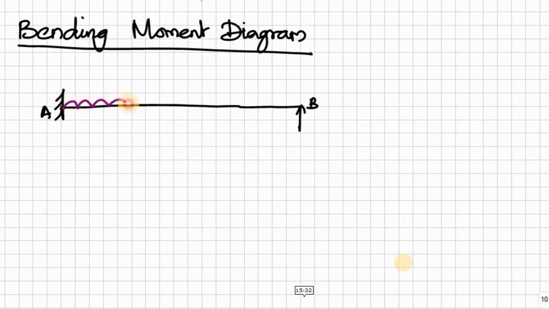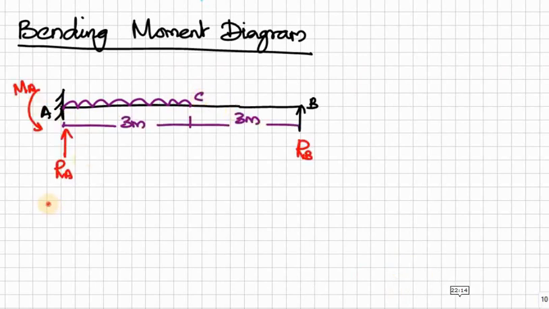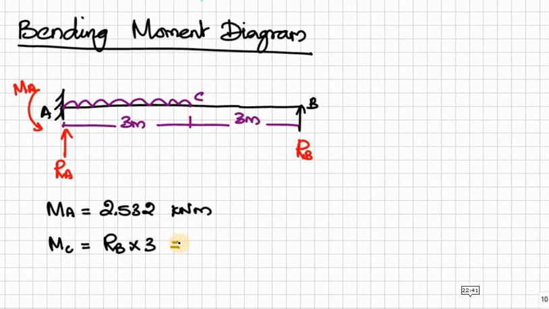So the given structure with reactions RA, MA is acting in anti-clockwise direction, and MA already calculated as 2.532 kilonewton meter. Therefore, we can easily calculate MC, because MC from this side, okay, MC is equal to RB into 3, producing positive moment.